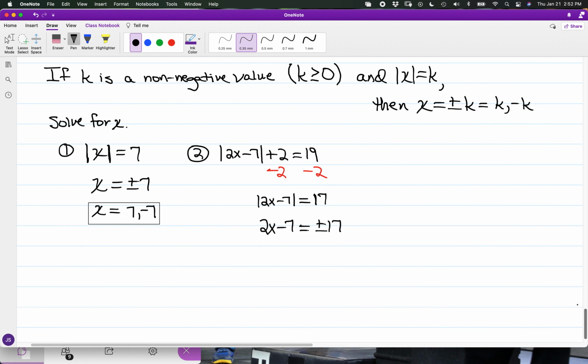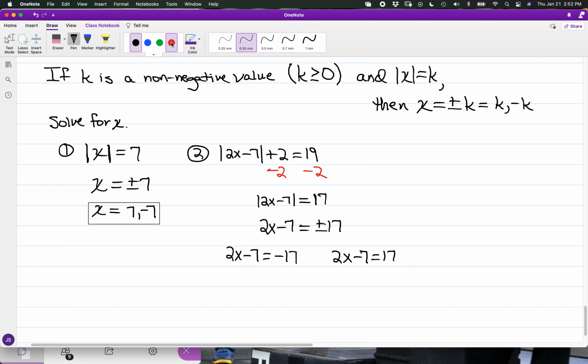We're finding what values of x will set 2x minus 7 equal to positive or negative 17. So you have 2x minus 7 equal to negative 17, and 2x minus 7 equal to positive 17.